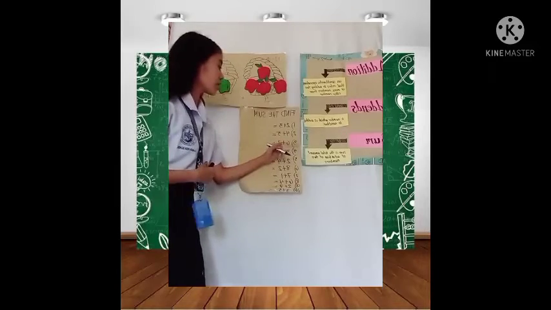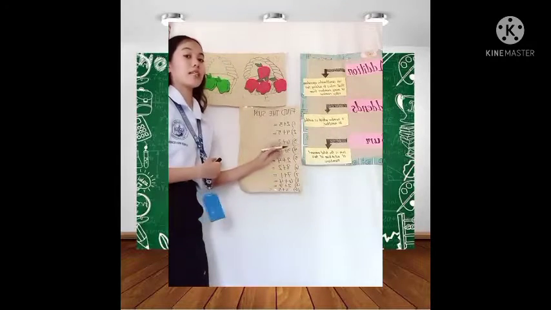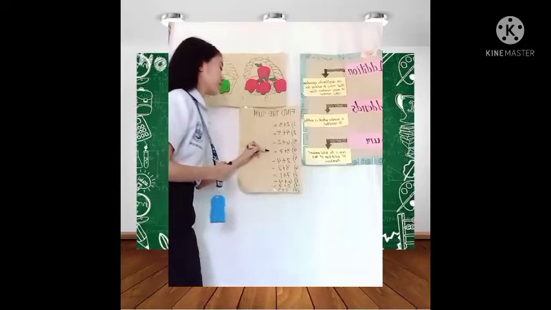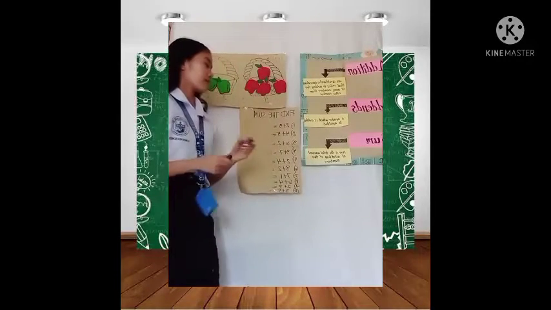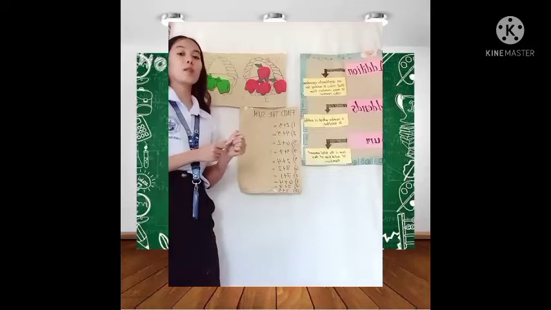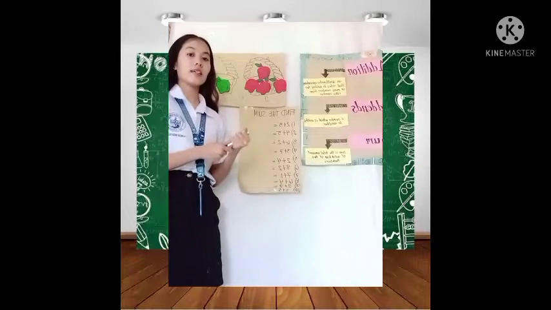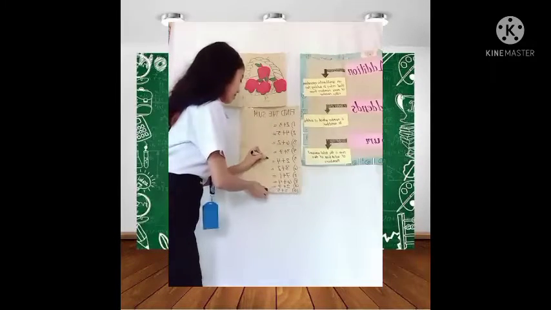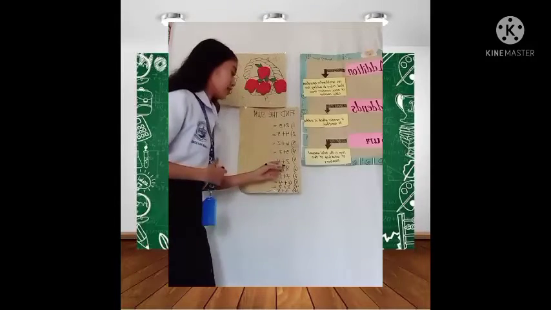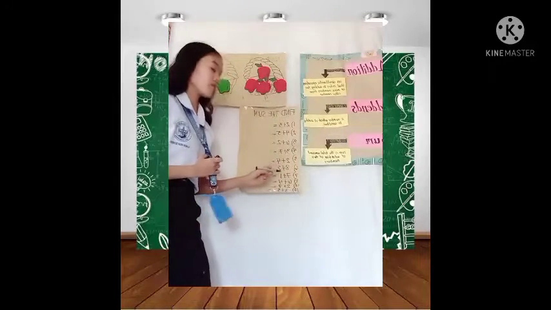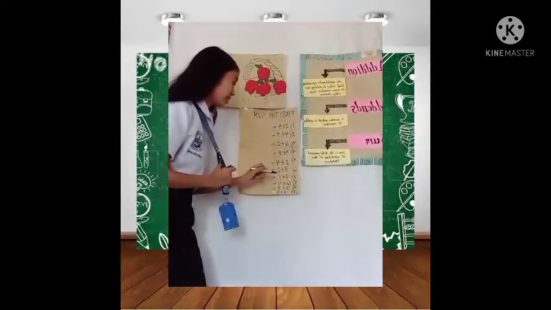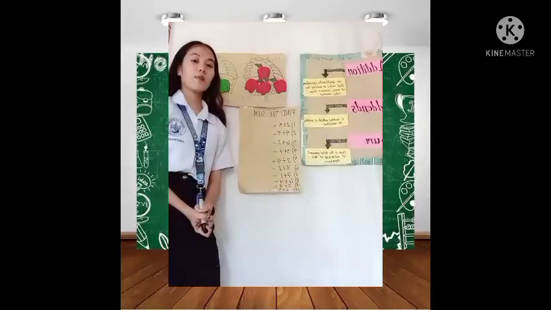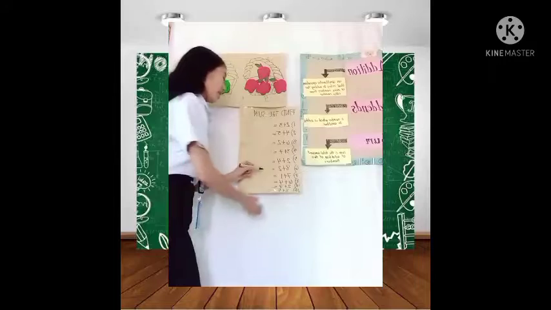How about in the fourth? 3 plus 7. 10. Number 5, 2 plus 4. Class. 6. Very good. 8 plus 2 for number 6 is 10. 7 plus 1. 8.